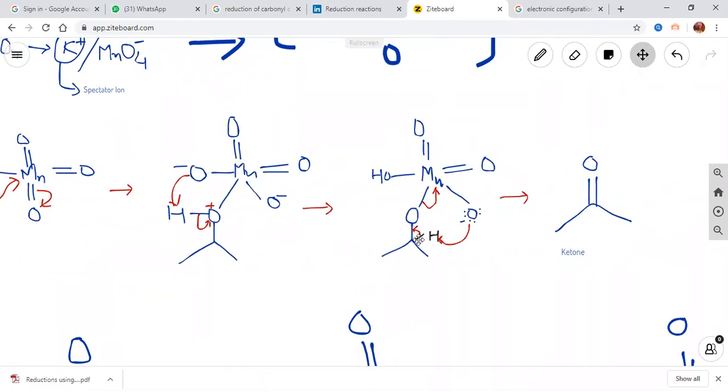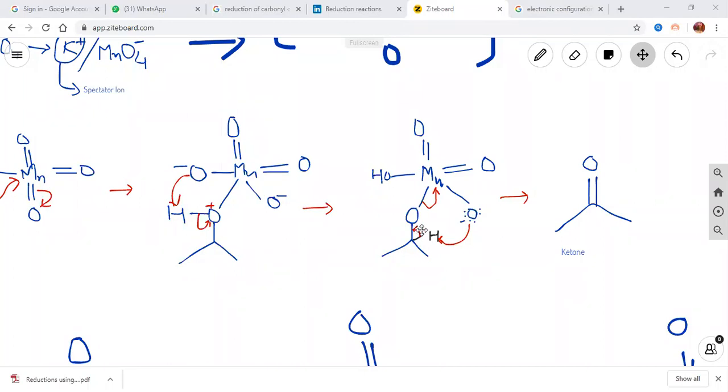And we have an alpha hydrogen here. So this oxygen bound to the manganese abstracts this alpha hydrogen. This bond breaks, this bond goes to the oxygen and it becomes doubly bonded.